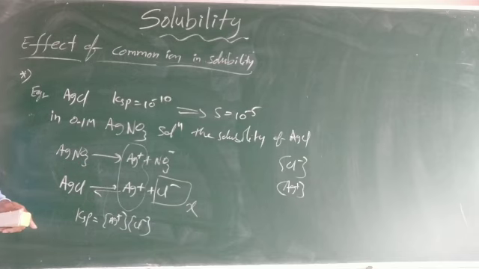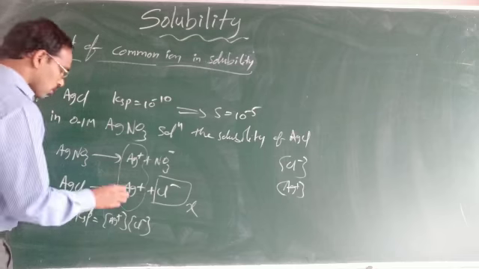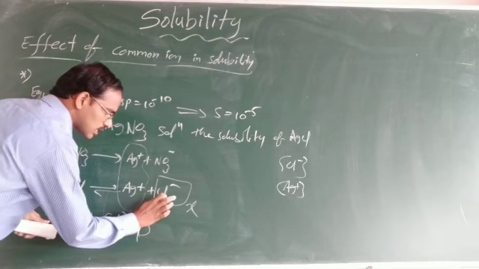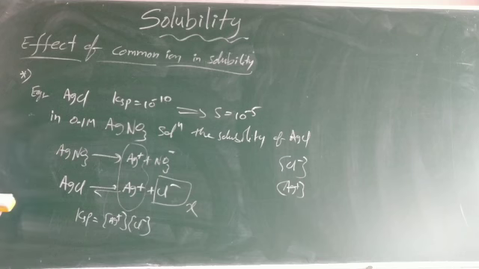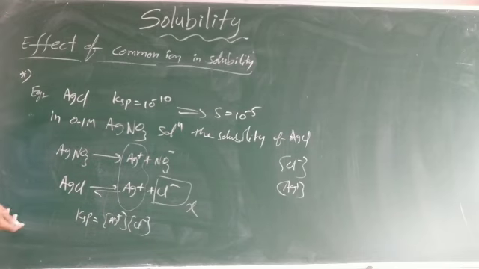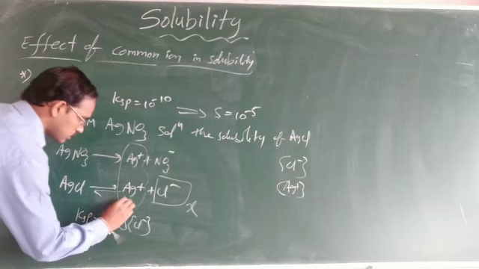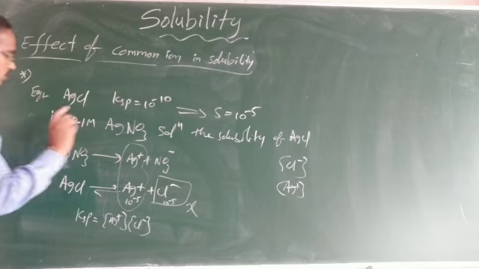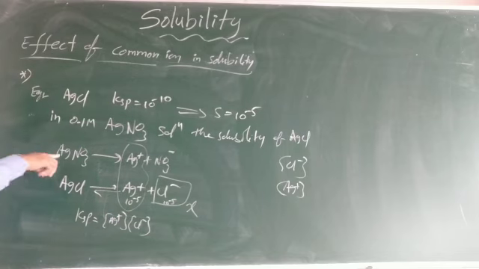So what we have to calculate here is the Cl minus ion concentration. Sir, already the Cl minus solubility was 10 power minus 5. Yes, it was there before adding AgNO3. If you don't add AgNO3, the Cl minus concentration is 10 power minus 5.